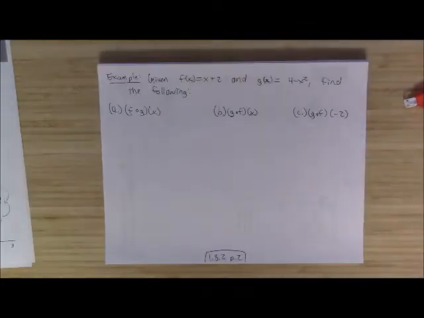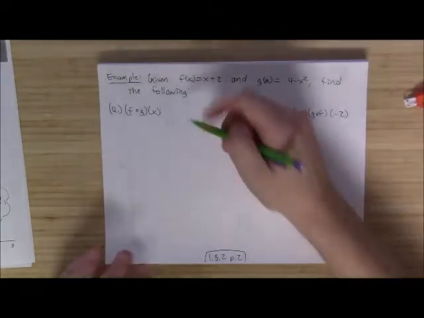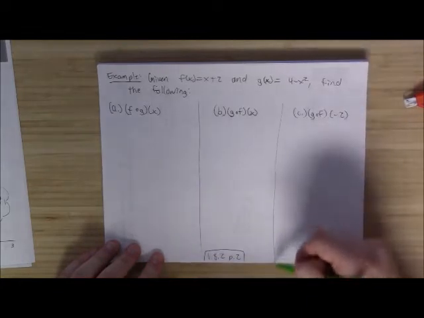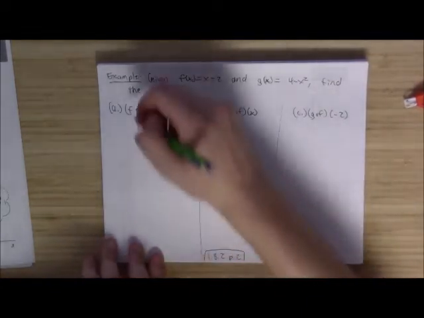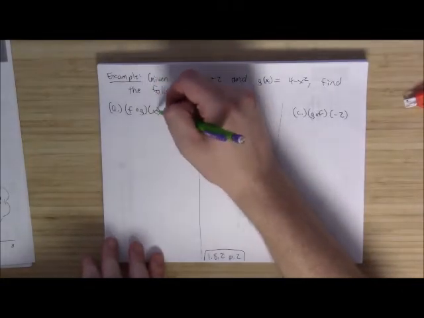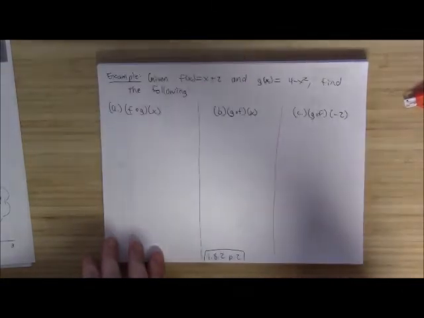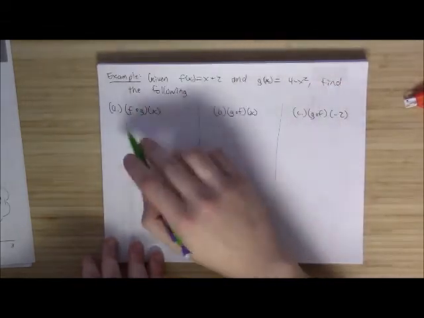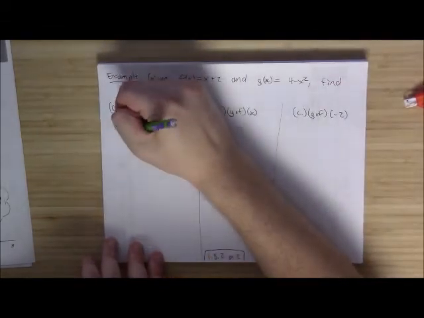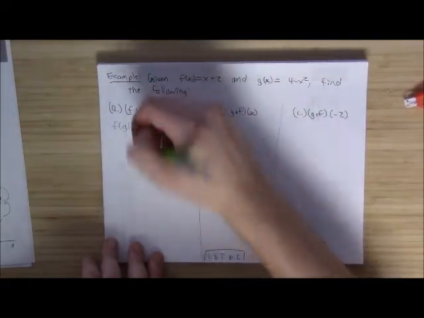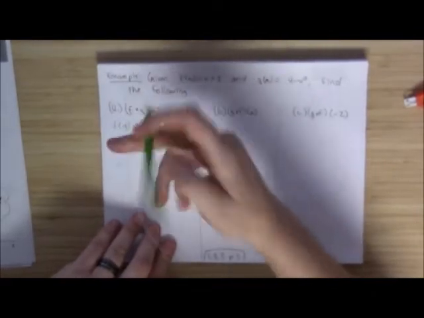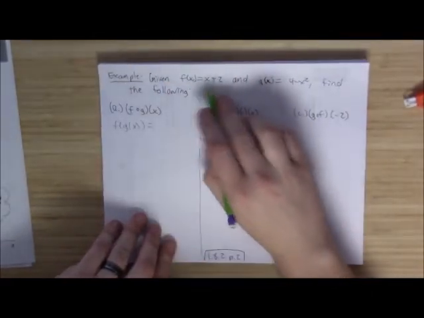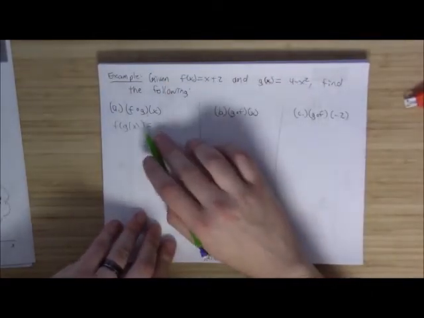In case you haven't quite gotten the hang of this yet, let's go ahead and work an example. So let's compute each of these values. Here, we first have f of g of x, which we know is the same thing as plugging g of x into f.